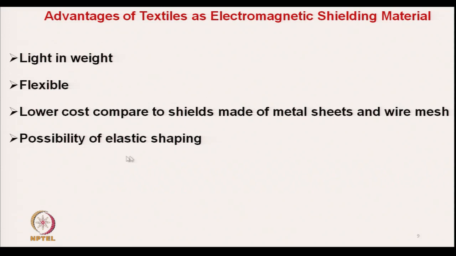There is also the possibility of elastic shaping, so they can be shaped and cover instruments of complex shape. We can even wear fabrics made of electromagnetic shielding material, and they are permeable in nature, so proper comfort can be imparted.